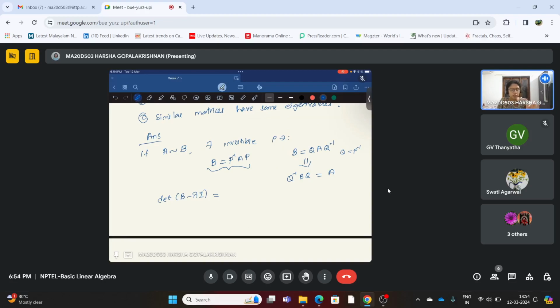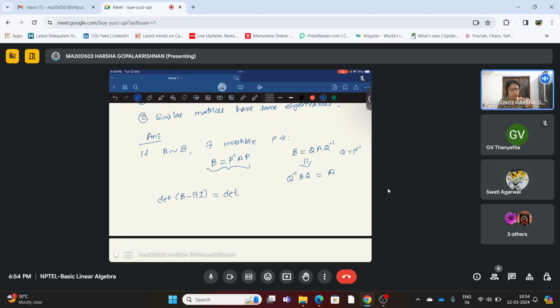Now there is nothing else to use. You can just use the definition I stated here. So we should substitute P inverse AP for B, right?